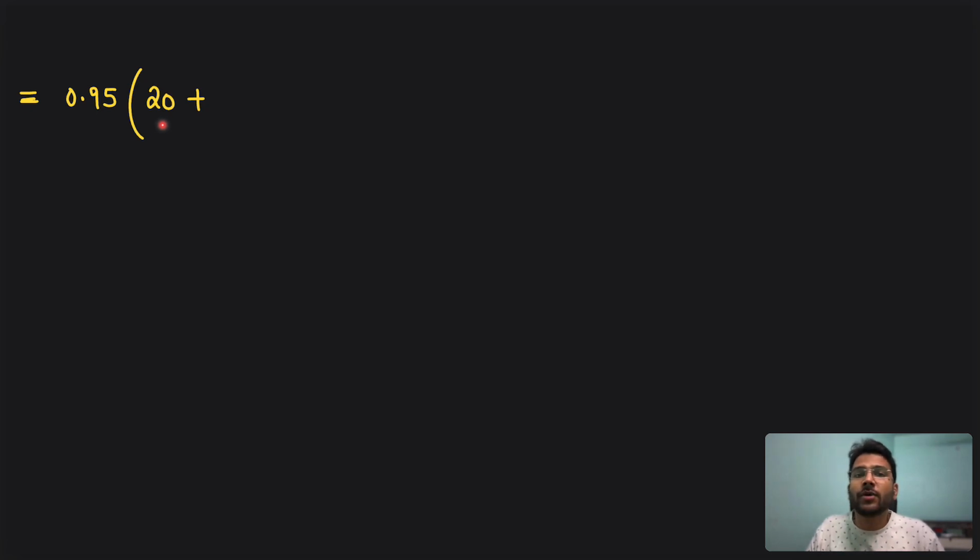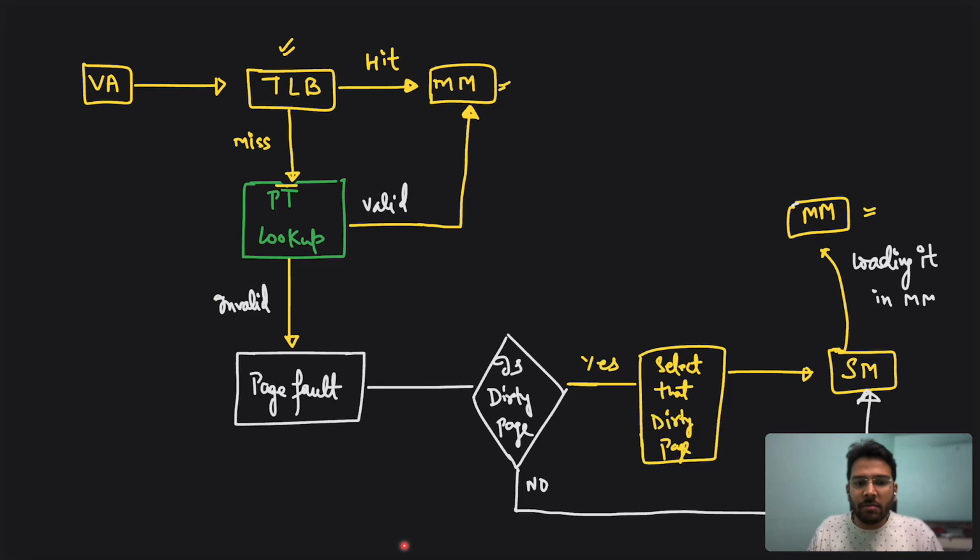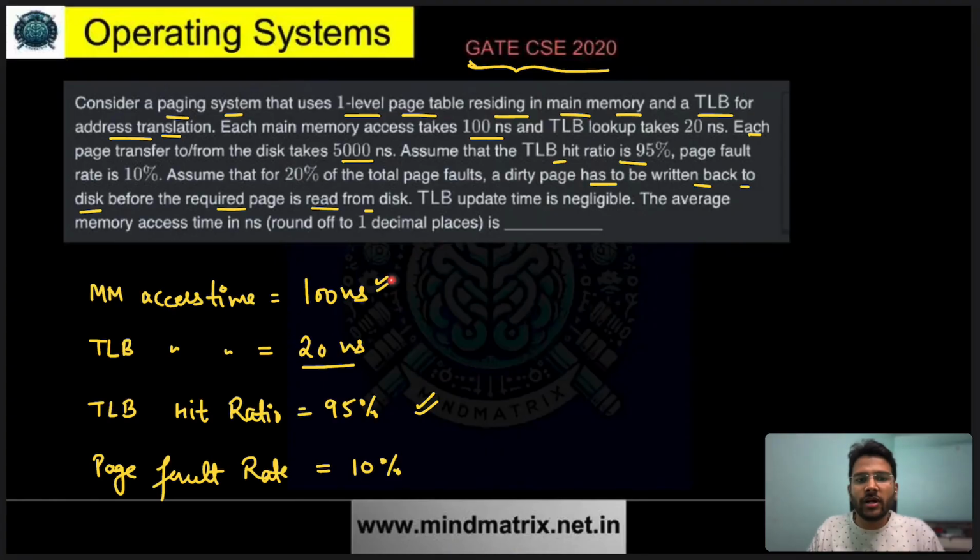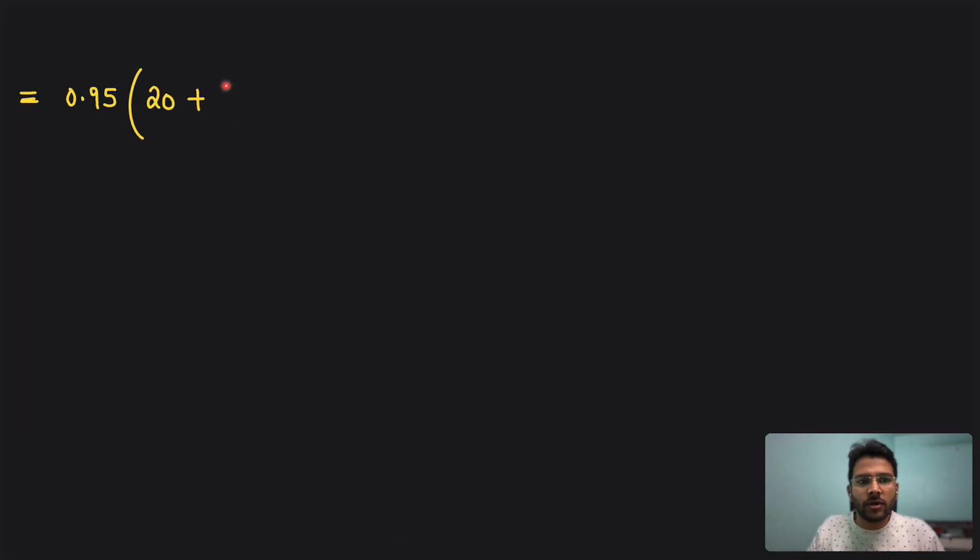Then we just have to directly access the data from the main memory. In order to access the data, we need 100 nanoseconds. So can I write 100 here? So this is the scenario when there is a TLB hit. Is it clear so far?